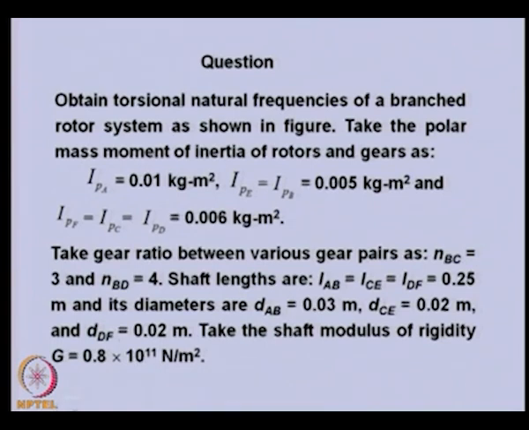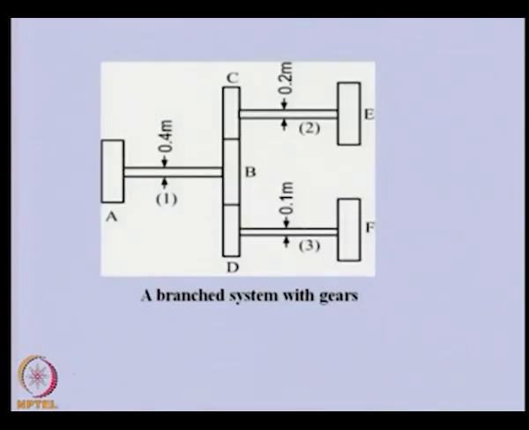With these properties, to analyze this, we need to take this particular branch as element 1, this as element 2, and the third branch as element 3.